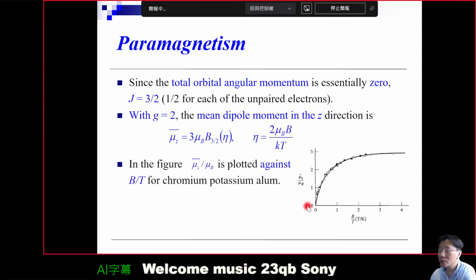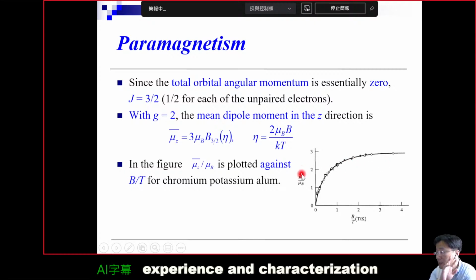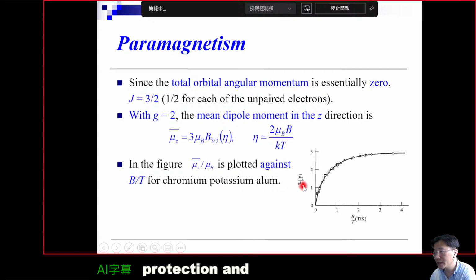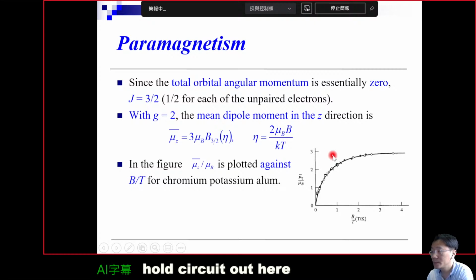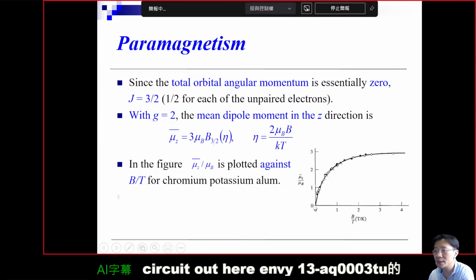If we do the experiment and collect the saturated magnetization and divide it by mu B, then we plot average mu z over mu B against B over T. The experimental points are shown here as the black and hollow circles. And we will find the theoretical value, the solid line, fits the experimental data very well.